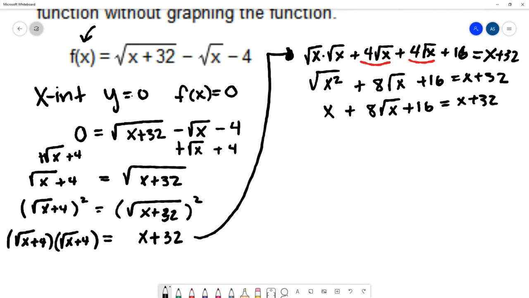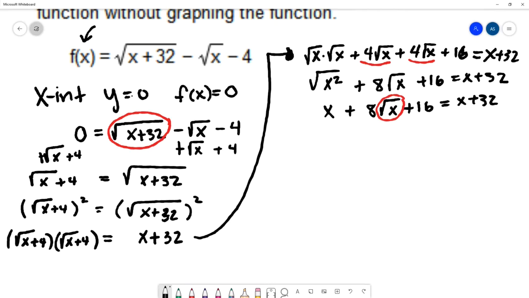Okay, we've done a lot of work already, but we've only met our first goal of eliminating that radical. We still have a radical in our equation, so we have to repeat that process over again. You repeat the process over and over again until all the radicals are gone.